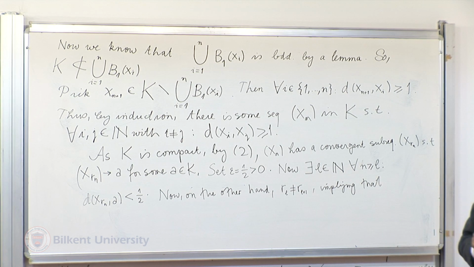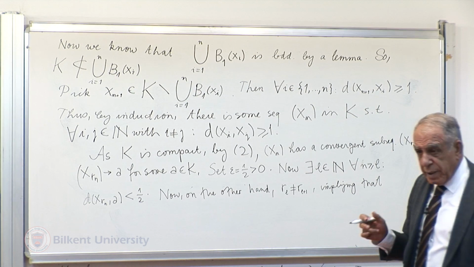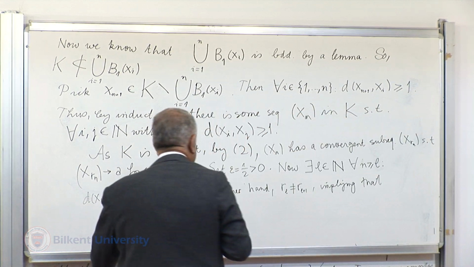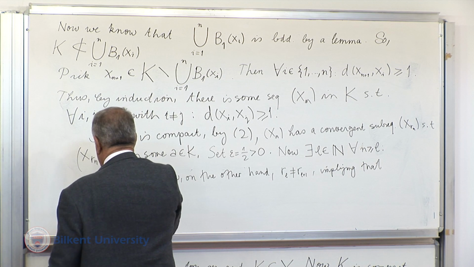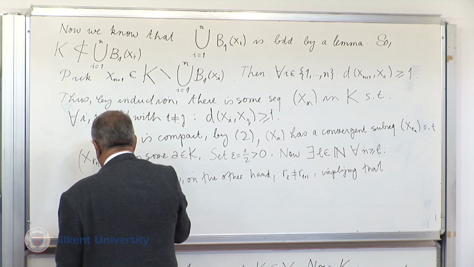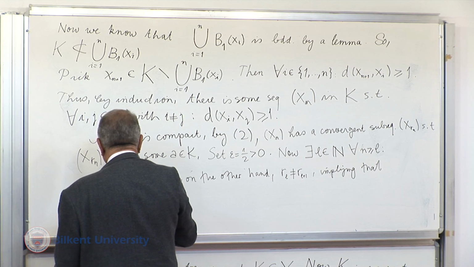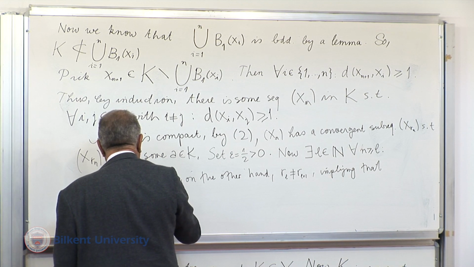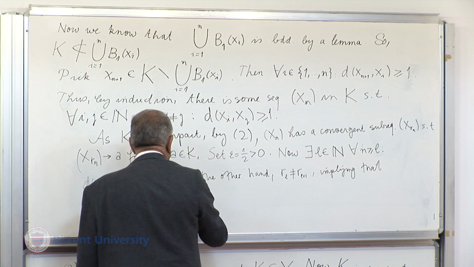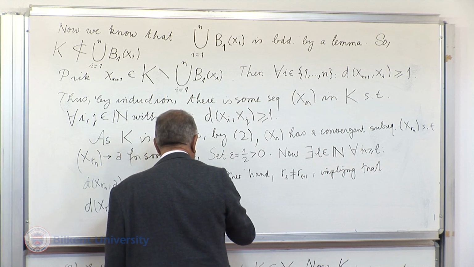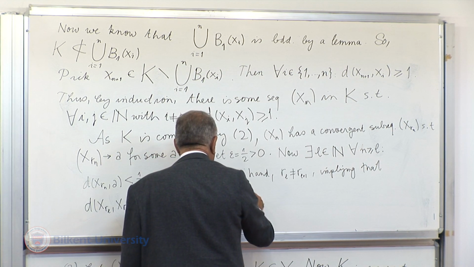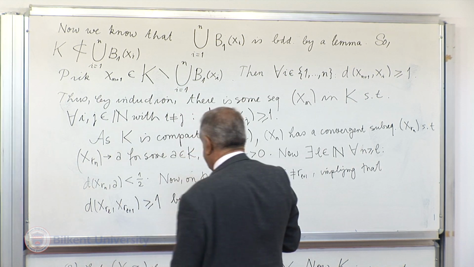They should have a distance between themselves which is larger than or equal to 1. d(x sub R sub L, x sub R sub L plus 1) is larger than or equal to 1 by construction of the sequence xn.